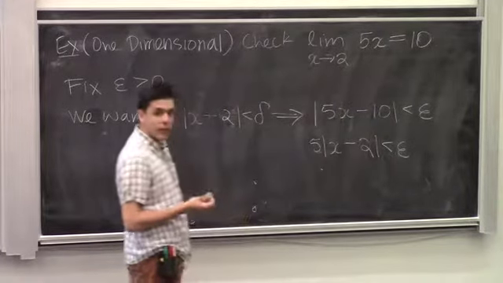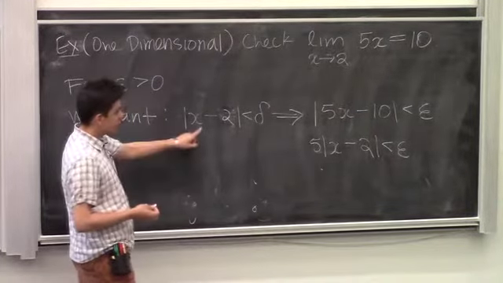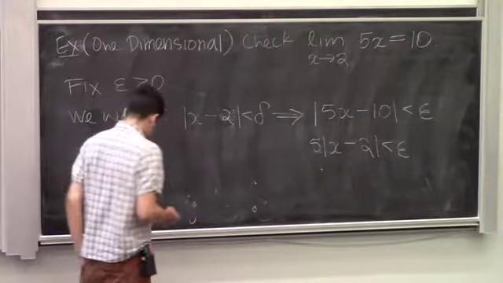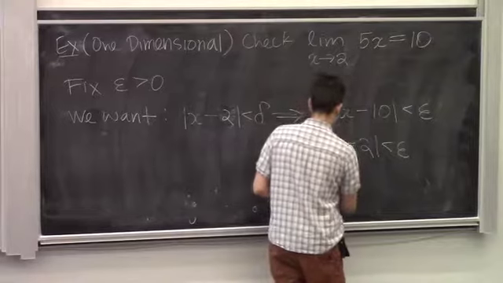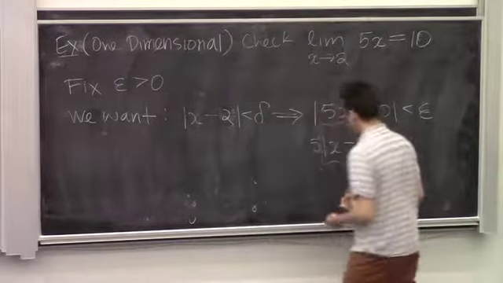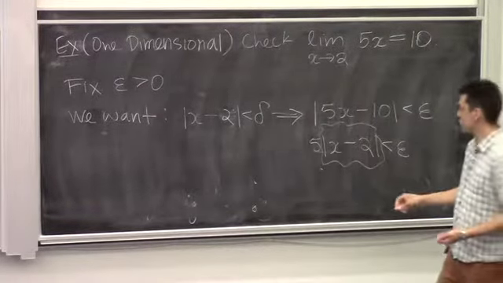And now we've got something that looks a great deal like x minus 2. So this term we can control.